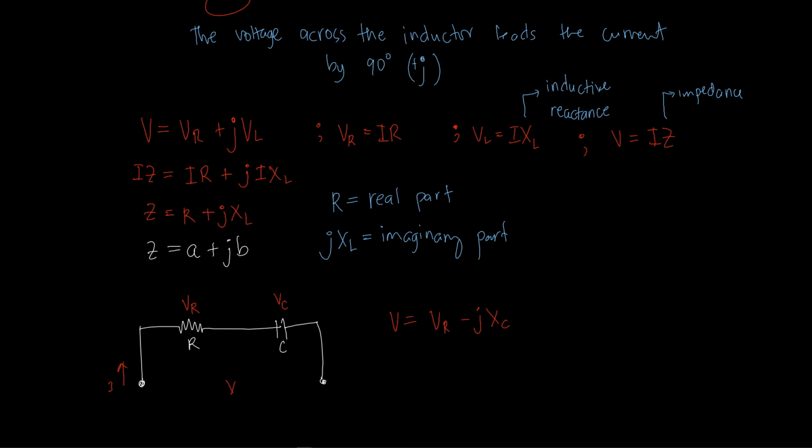Then the rest is same lang. Eventually, maabot ta sa Z is equal to R minus JXC. So pag inductor, positive. Pag capacitor, negative.